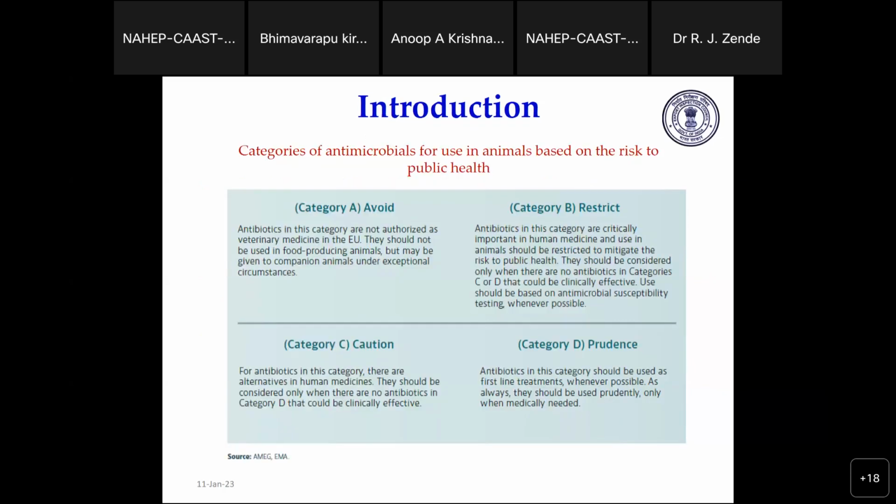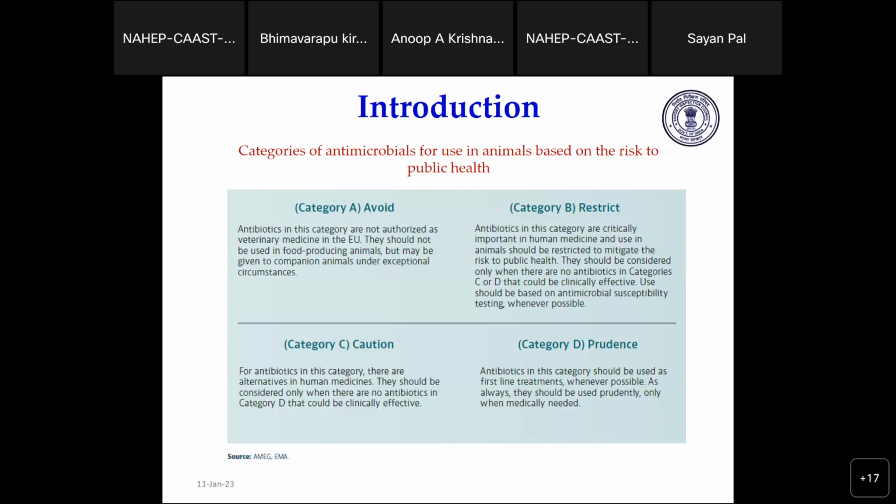There is a worldwide categorization of antimicrobials, mainly based on risk. They have categorized them into category A, B, C, and D. This is the categorization in the European Union. In India, FSSAI has already categorized them into banned compounds and compounds with tolerance, where MRLs or limits are prescribed.